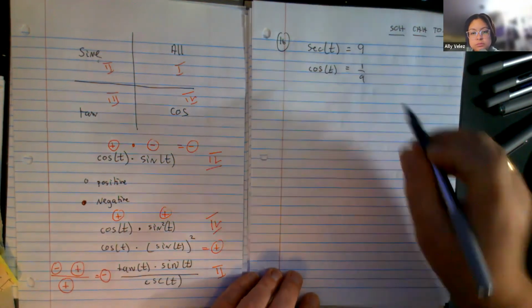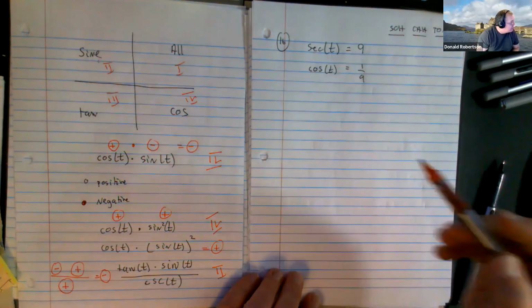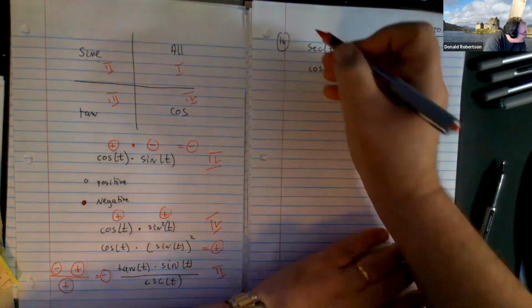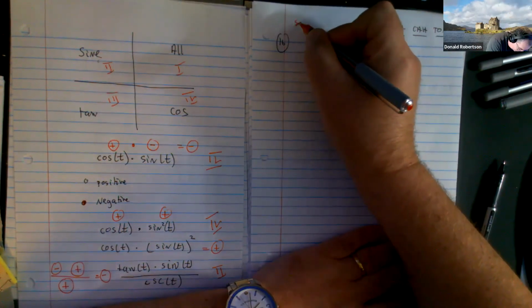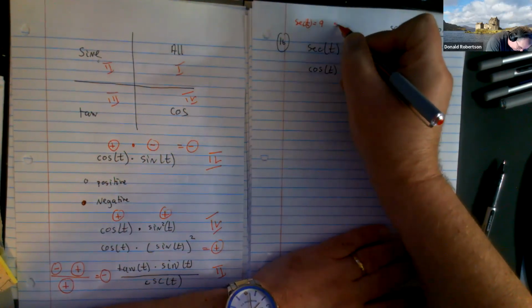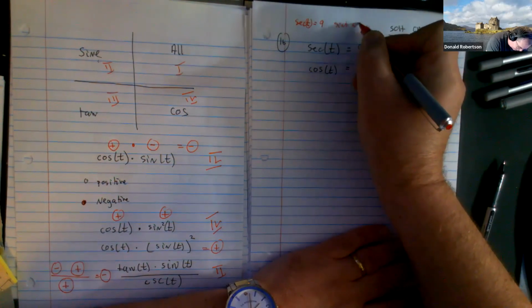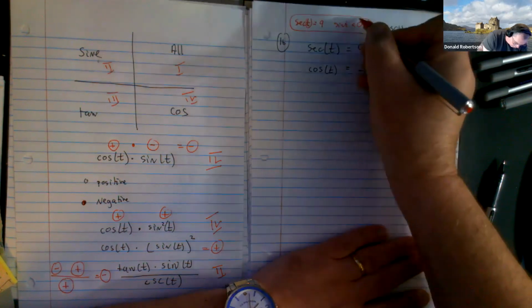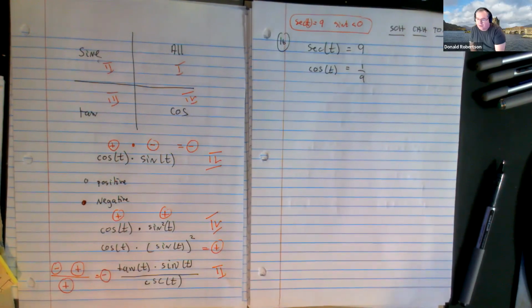Oh, and just to keep this question correct, the information that they gave us was that the secant of t was 9 and that the sine of t was negative. Now, don't we need to know what quadrant you're in to get all the plus minuses when we're finished? That one's a bit sneaky.